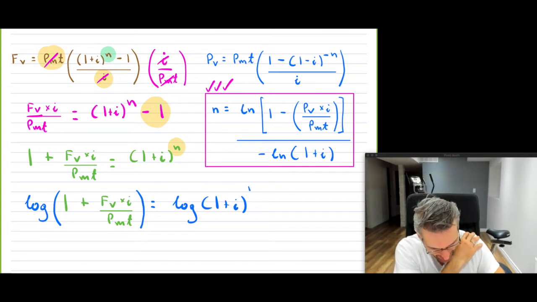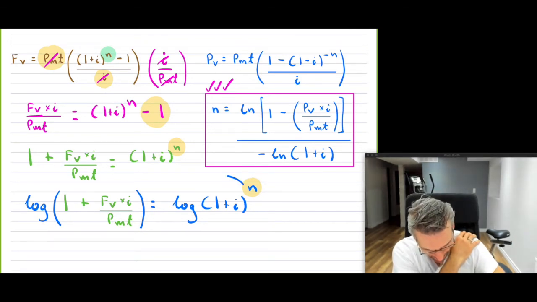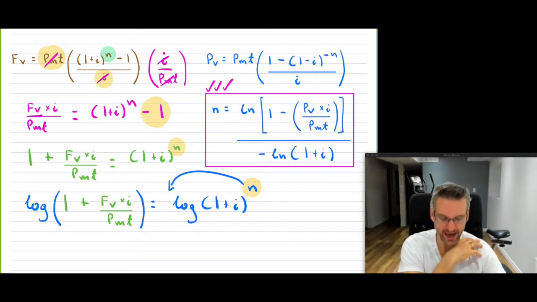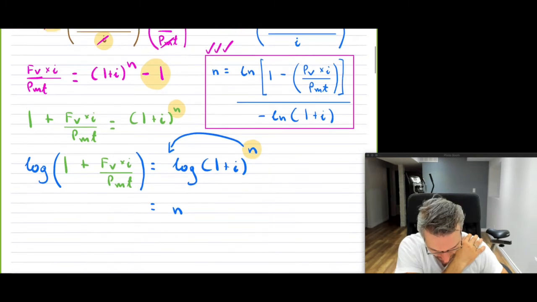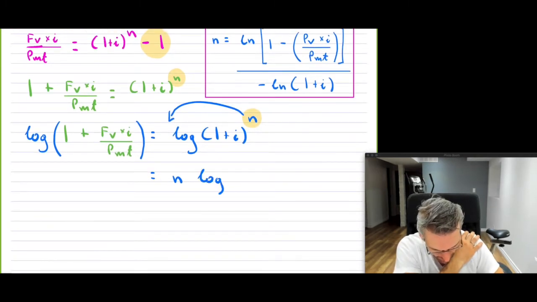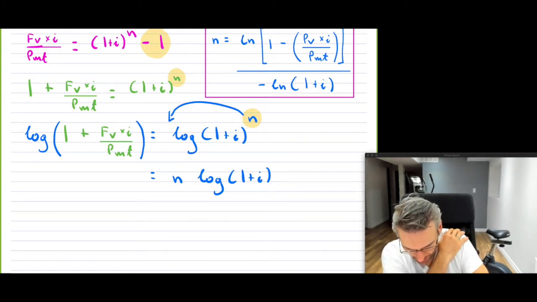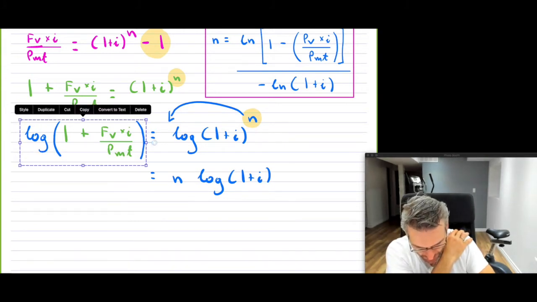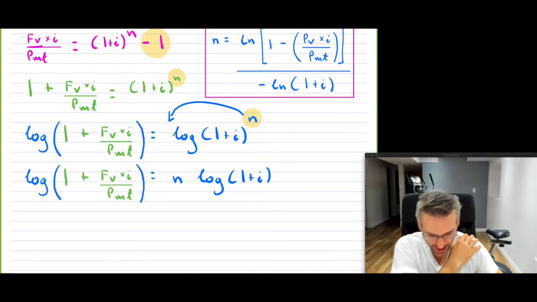Now this n, because it's in the exponent, that's why we're using this, is going to drop, and that is just a rule for utilizing logs with exponents. So this is going to come out to n times log of 1 plus i, and here I can copy this, bring it down, and this is what we have.